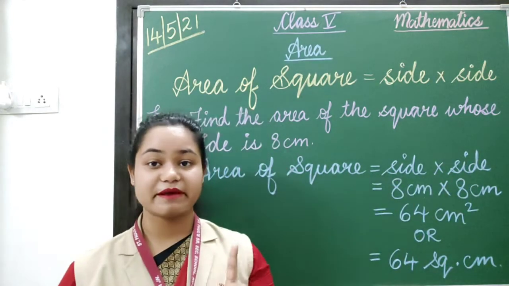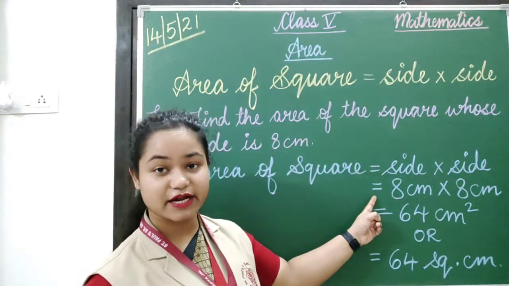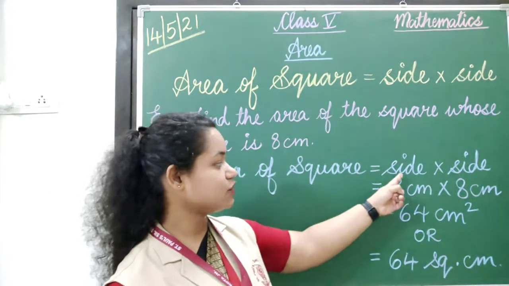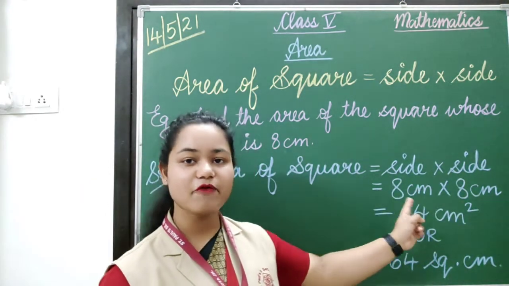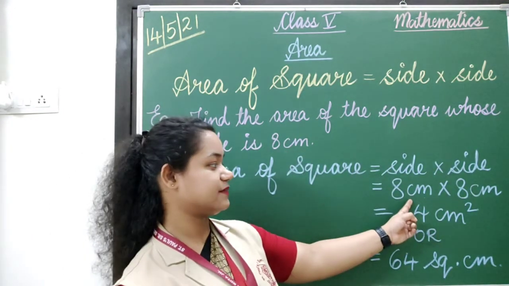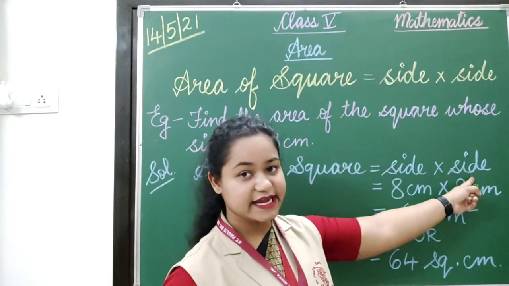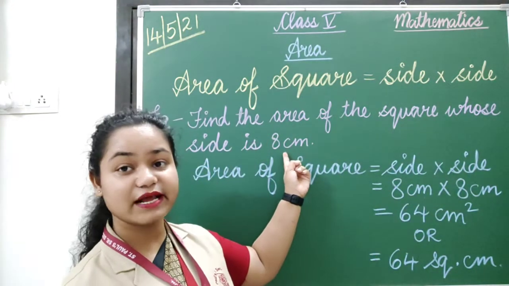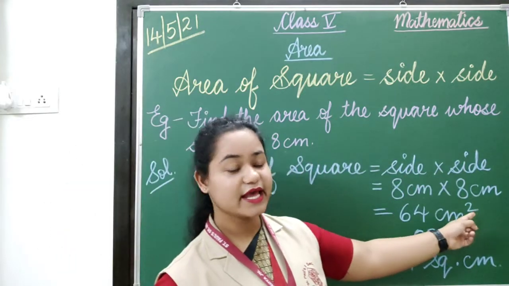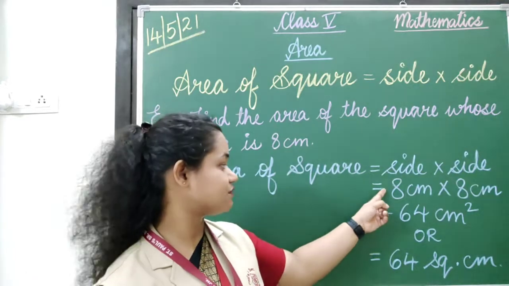This you have to remember by heart. Then just below this is equals to, you are going to put another is equals to sign, and then you have to put the values in the formula. So side is how much? 8 centimeters. Then multiplication sign. Then side again. That means again what will come? 8 centimeters. Okay. Then in the next line again place another is equals to sign just below this.